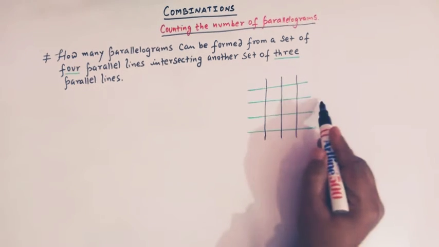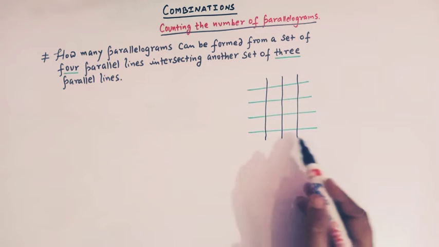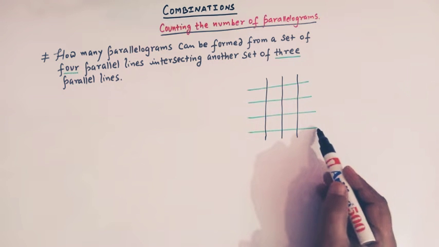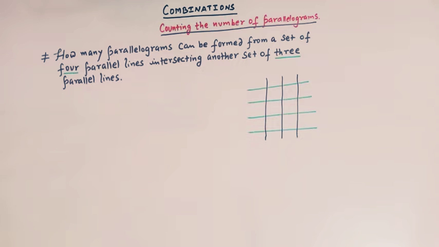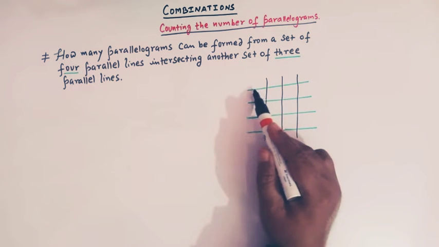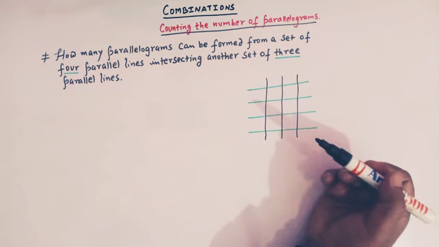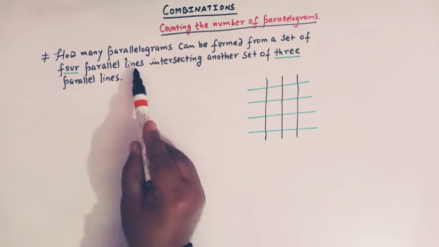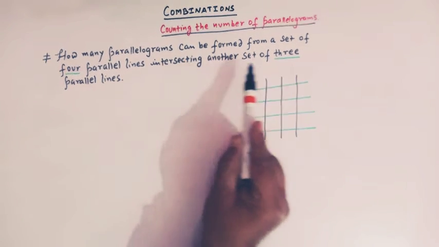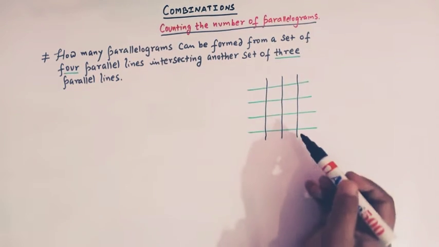The horizontal parallel lines are drawn in green, and the vertical parallel lines are drawn in black. Now we have to find the total number of parallelograms formed when a set of 4 parallel lines is intersected by another set of 3 parallel lines.